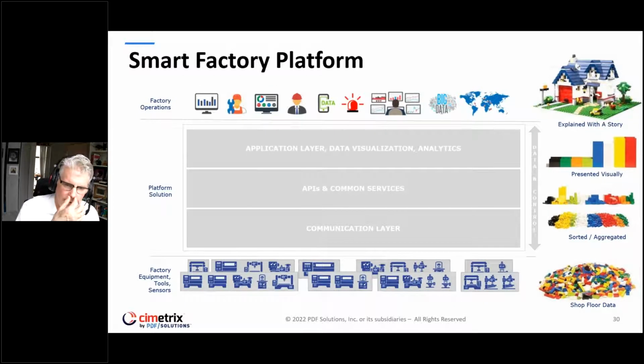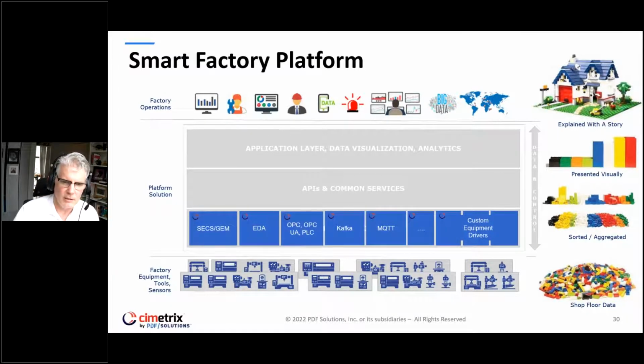And so the next slide is a bit more architecture, and I think this is best understood from the ground up, really. So at the bottom of the slide here, you see factory equipment, tools, sensors, all of the producers of data you might have in your factory. And the first layer of Sapience then is the connector layer, which is these protocol endpoints.